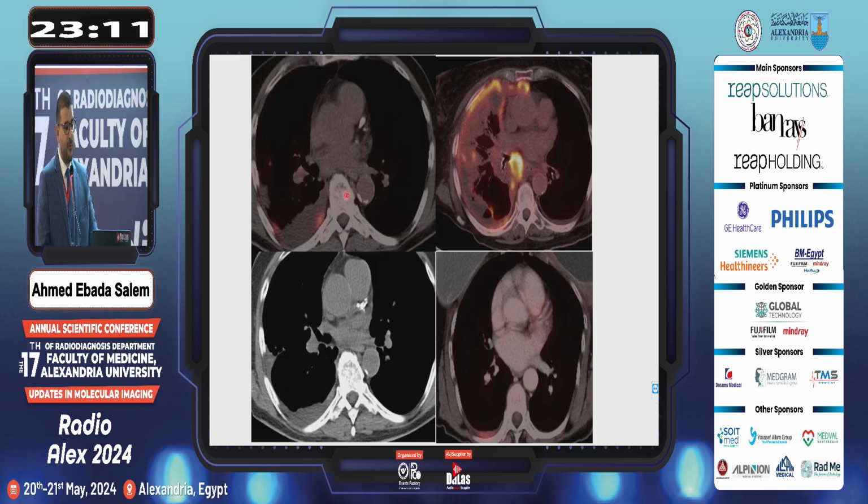So this is a patient who had a breast cancer, and as we can see on the PET-CT, the patient had pleural effusion, and there are subtle hypermetabolic nodules related to the pleura. This patient also had a breast cancer, and he had a very minimal hypermetabolic pleural effusion, which was concerning for recurrent malignant pleural effusion, and they did aspiration, and it turned out to be pleural metastasis.